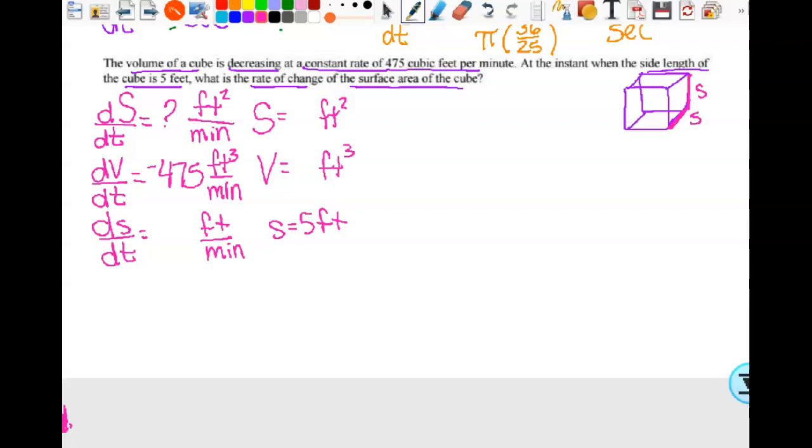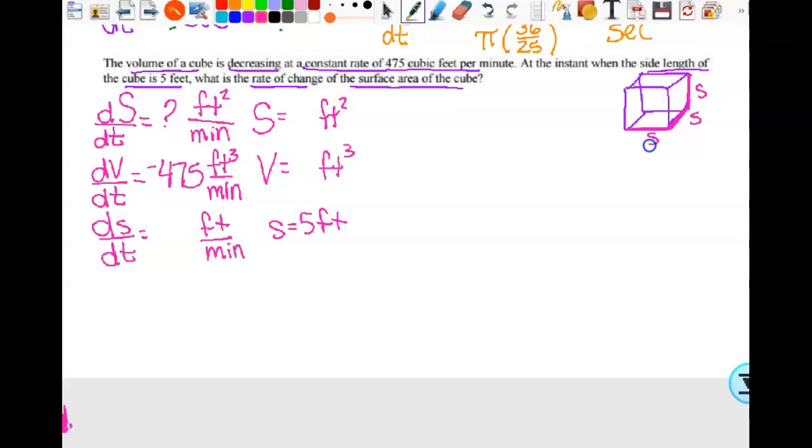So I've got the surface area, the volume, and a side length. And for surface area and volume of a cube, the only thing we need is the side length, because the height is the side length, because they're all the same, right? So when I come back over here, look at this. So this could be s also. Those are not 5s, they are s's, even though s is 5.